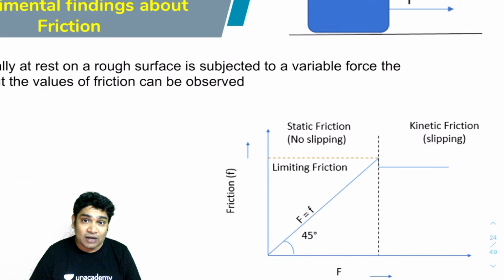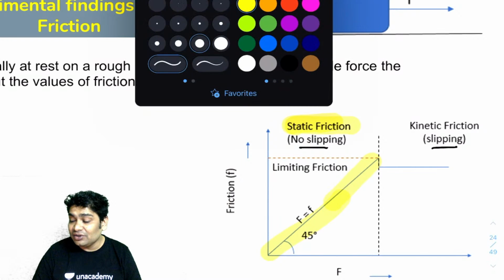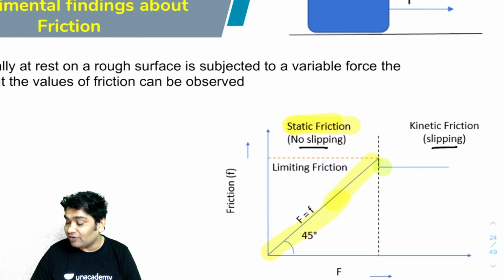Up to the point where slipping has not happened, it behaves one way, and after slipping has started, it behaves differently. Friction up to the point where slipping has not started is called static friction, and once slipping starts, you notice a change in behavior, and hence this kind of friction is called kinetic friction.